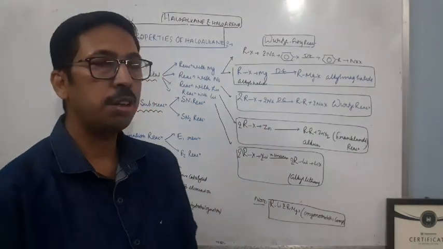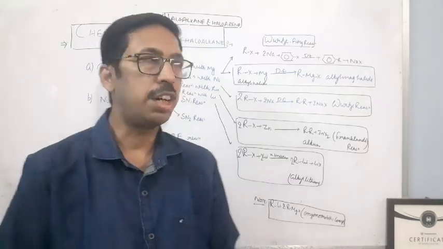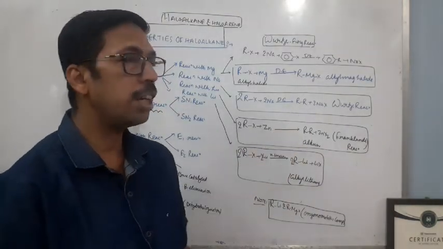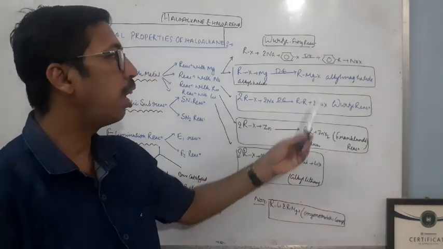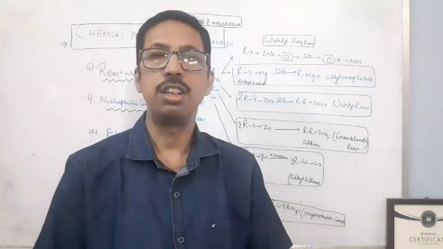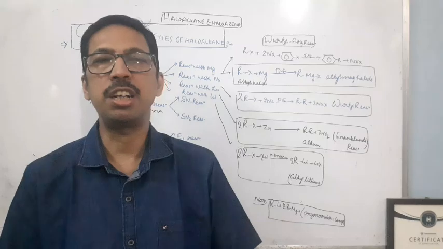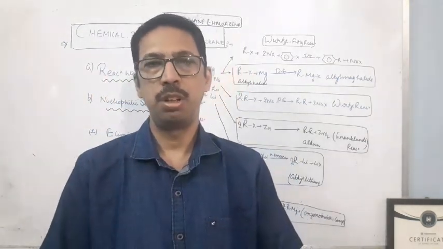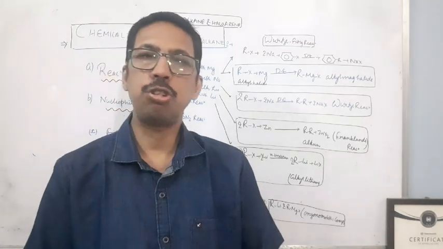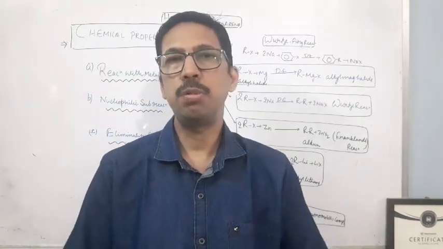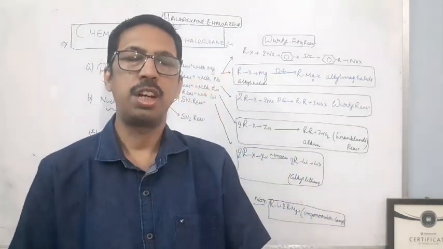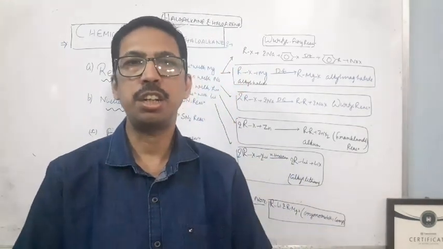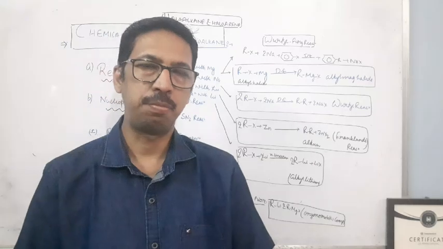haloalkane reacts with magnesium and dry ether solvent is used, and it produces alkyl magnesium halide or RMgX. This alkyl magnesium halide is also known as Grignard reagent because it was first of all invented by Grignard, and it is also known as synthetic organic reagent.